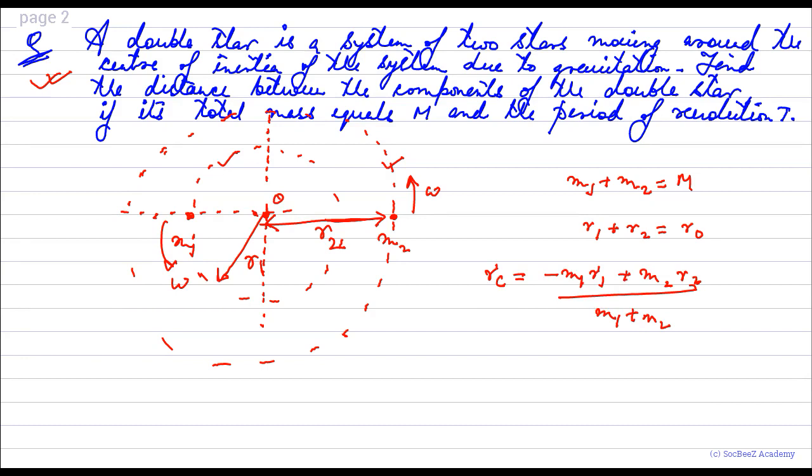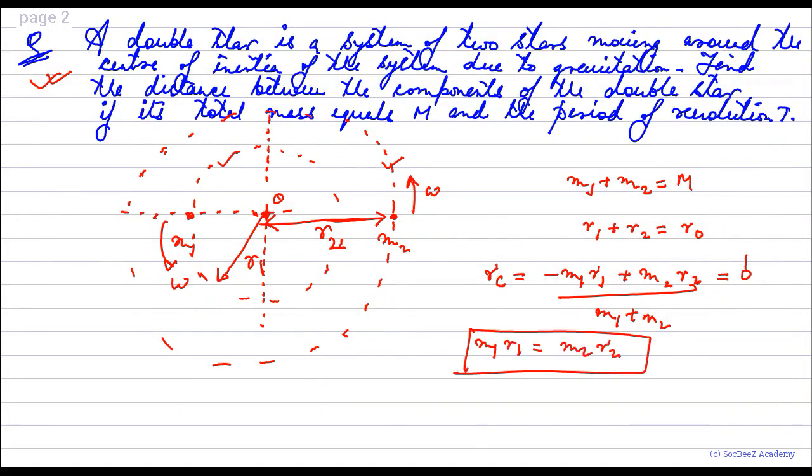Since I've defined my origin at the center of inertia, RC is effectively equal to 0. So this gives me one relation between m1 r1 and m2 r2 as m1 r1 equals m2 r2. So this is my first relation.